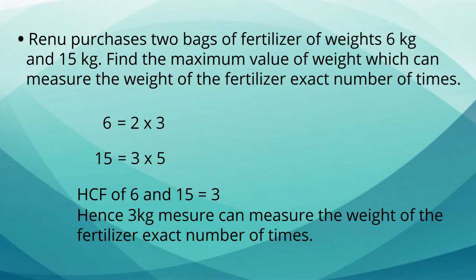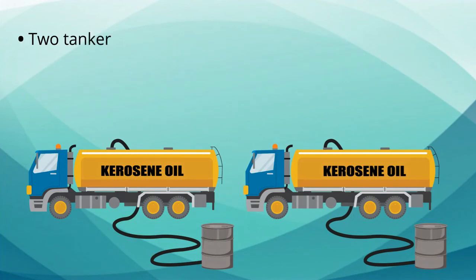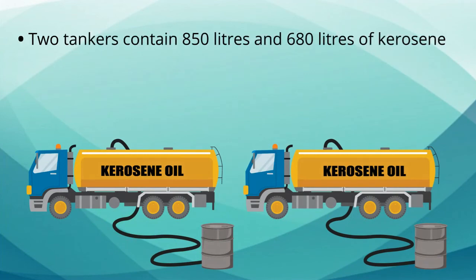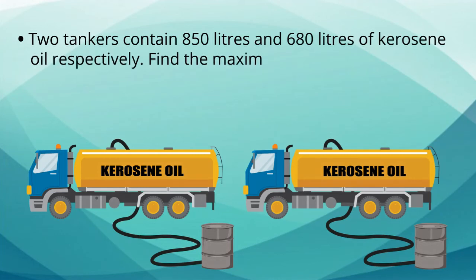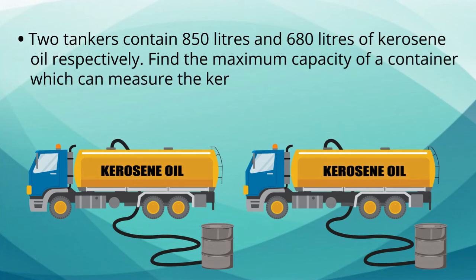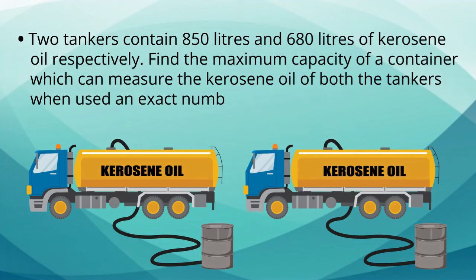Let us understand one more problem based on HCF. Two tankers contain 850 liters and 680 liters of kerosene oil, respectively. Find the maximum capacity of a container which can measure the kerosene oil of both the tankers when used an exact number of times.